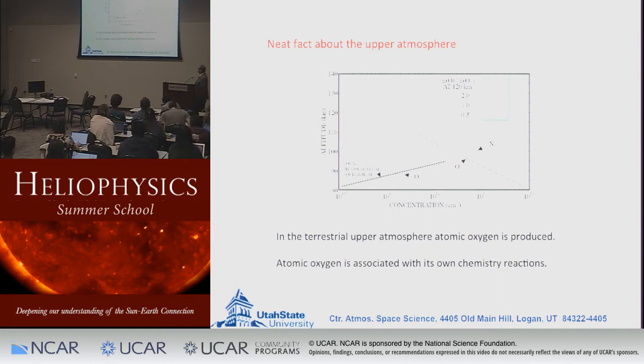Okay, so another attribute of the separation region is the generation of atomic oxygen. Here on this plot is the concentration of molecular oxygen and molecular nitrogen. As you come up through altitude, again into this region, above this, the neutral O is being generated.